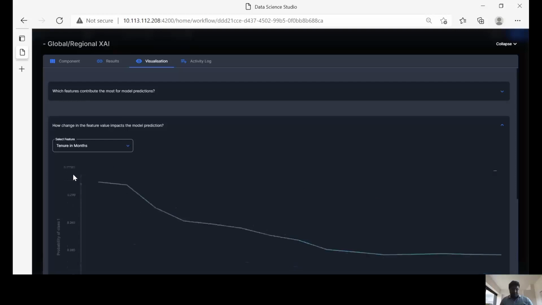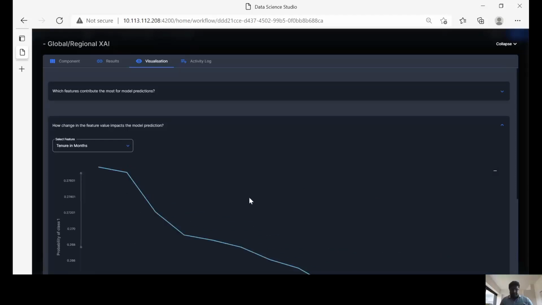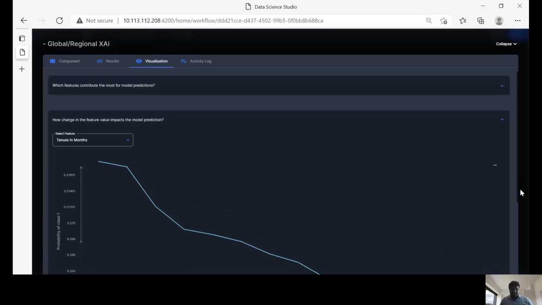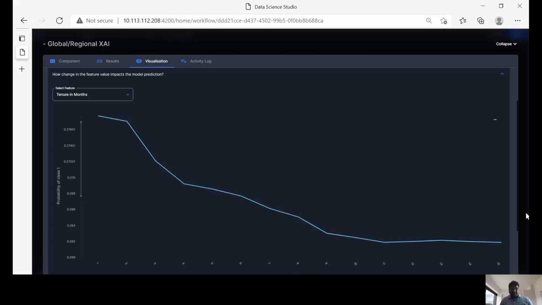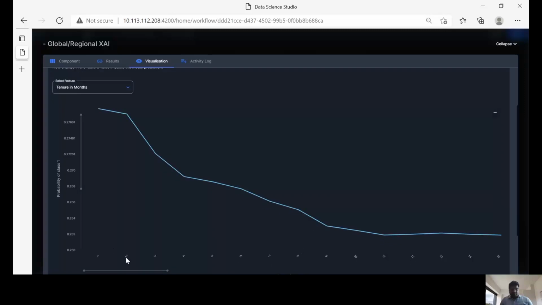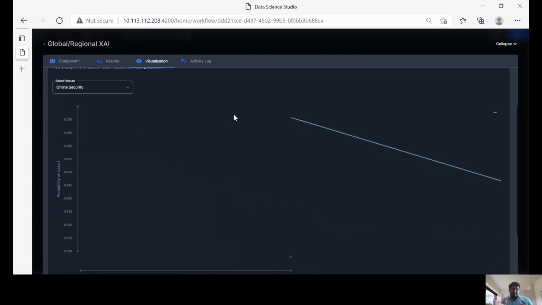We can also see how tenure is expected to impact the probability of someone churning. Mostly the new customers who have a smaller tenure are more likely to churn versus the older customers. This is also kind of obvious. So this confirms that we have a very high performing model, but it has also captured the nuances in the data quite well, right?